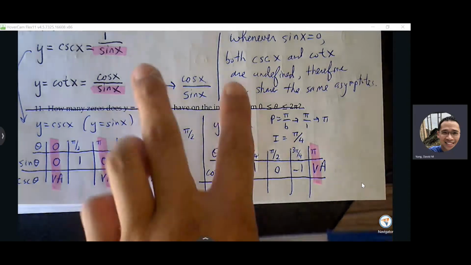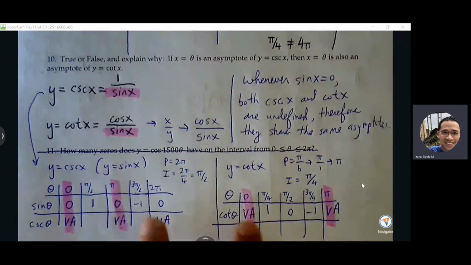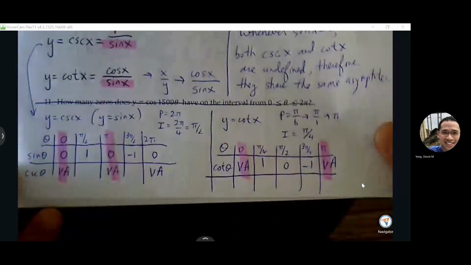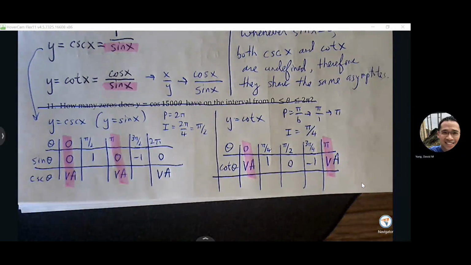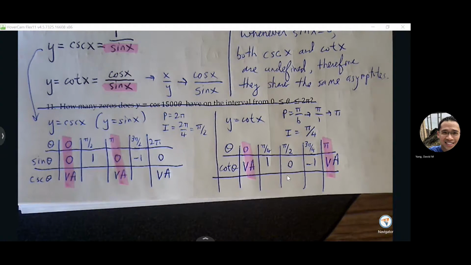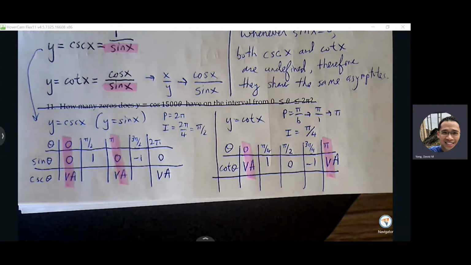Yeah, because you're asking for an explanation for number 10, so I was working that out down here. Okay. Give me 1 second here.